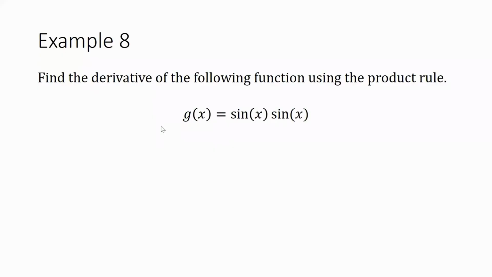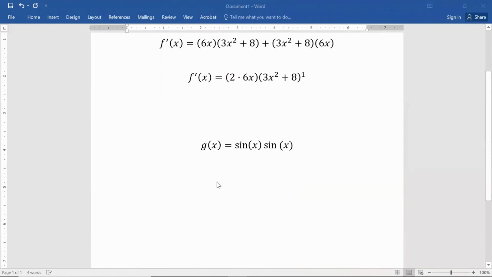Let's take another example. Example 8 is sine x times sine x. And let's find the derivative using the product rule. And let's see if I get the same type of expression that I did previously. So sine x times sine x.